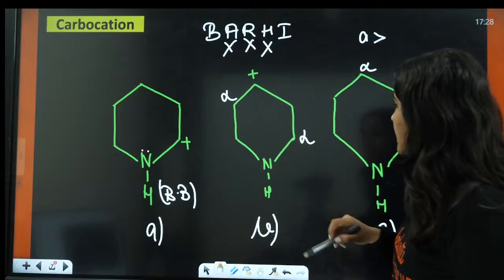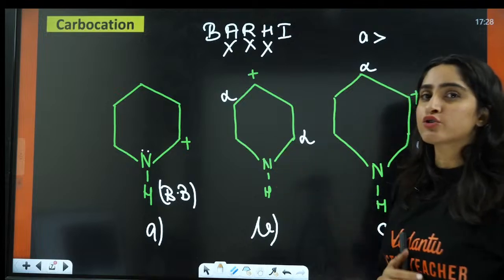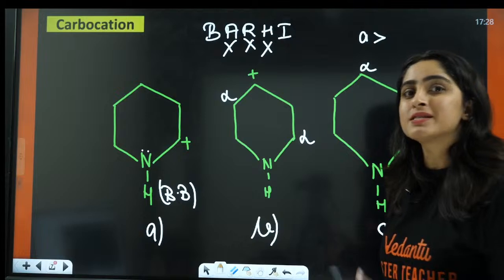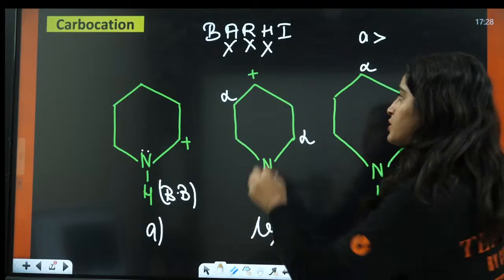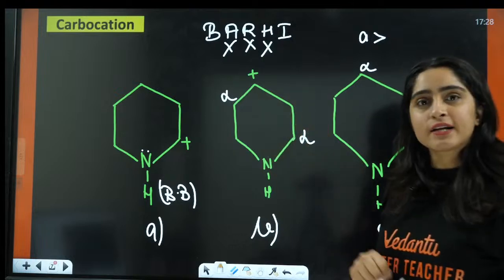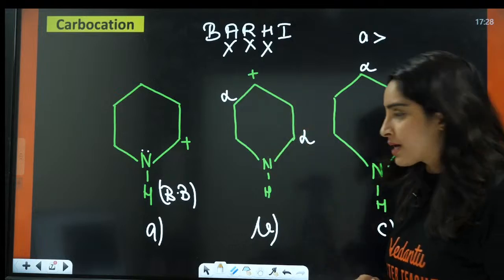Inductive effect means this nitrogen is electronegative, so it will withdraw electrons from this carbon. It is already positive, and taking away electrons from it makes it more unstable.